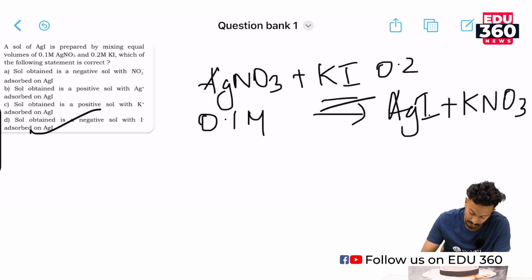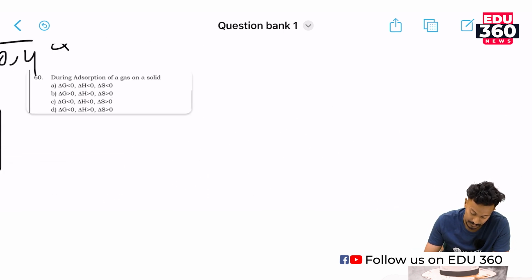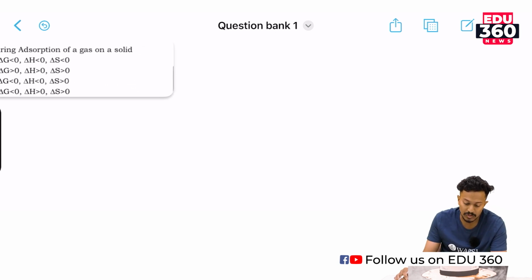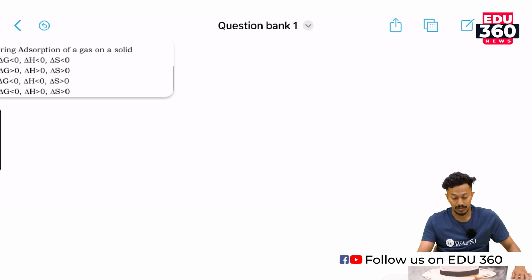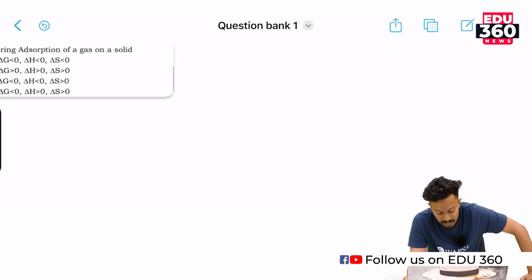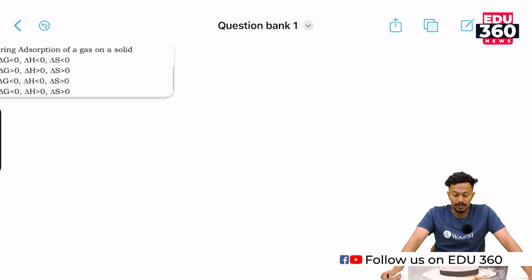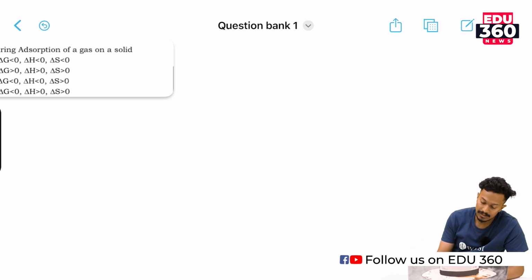Okay. Our next question. During the adsorption of a gas on a solid, what would be? Well, we could say like this. When a gas is adsorbed on a solid, it increases the temperature, so we could write the enthalpy of the reaction is a negative value.